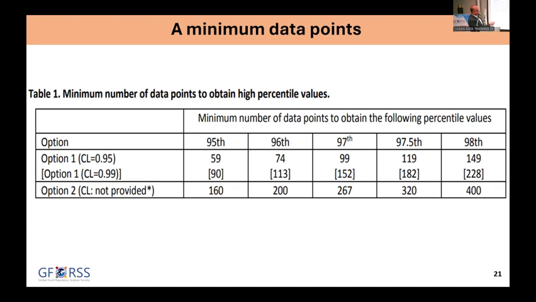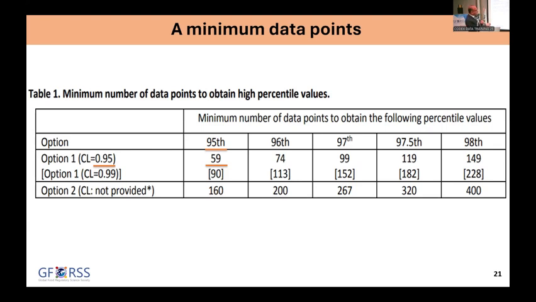Let's have a look, first of all, at the first case, option 1. For a confidence level of 95% and a 95th percentile to be calculated, as we said, we need 59 data points.